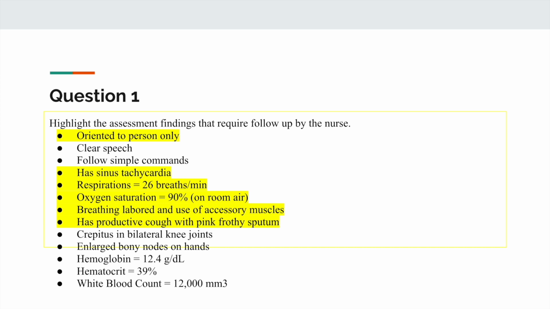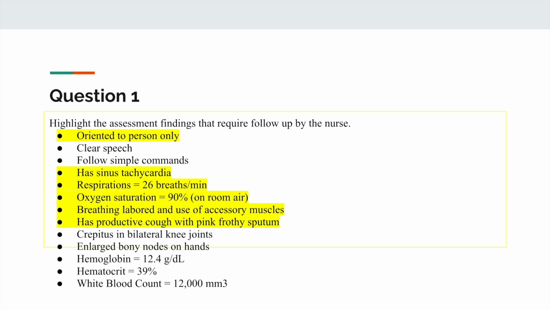Breathing labored and use of accessory muscles. If it was breathing labored only, I want you to know labored means it's not regular, it looks like they're struggling. And here it says they're using accessory muscles, so their breathing is not even regular, so that is abnormal.